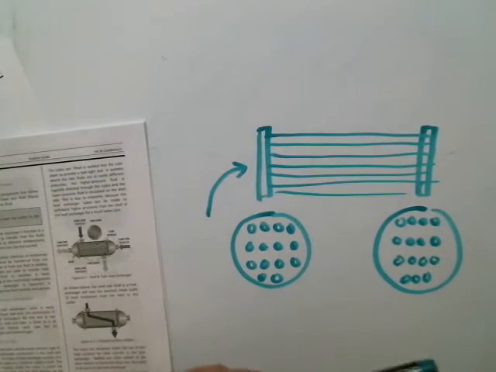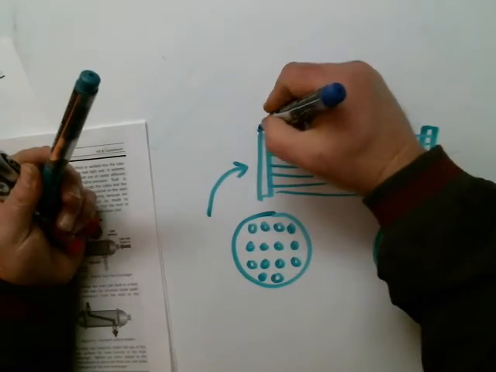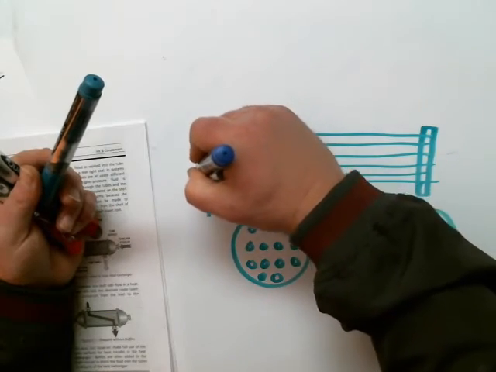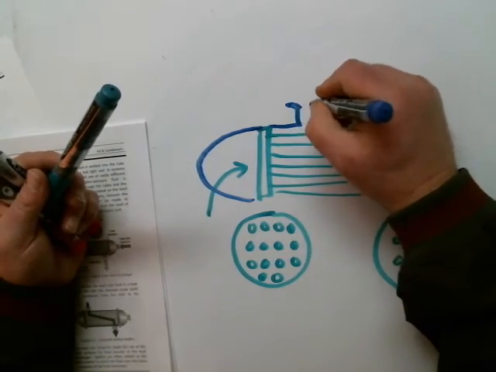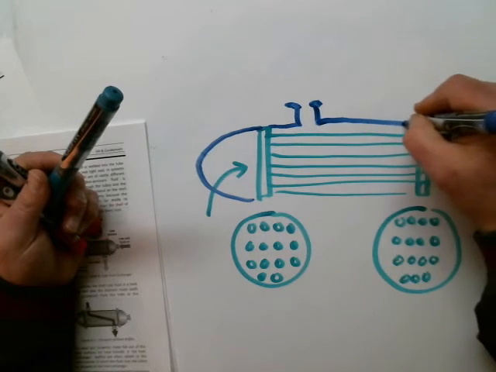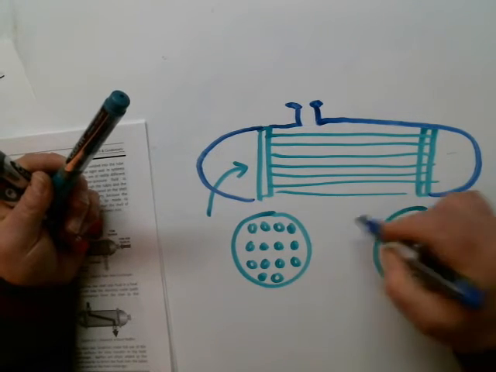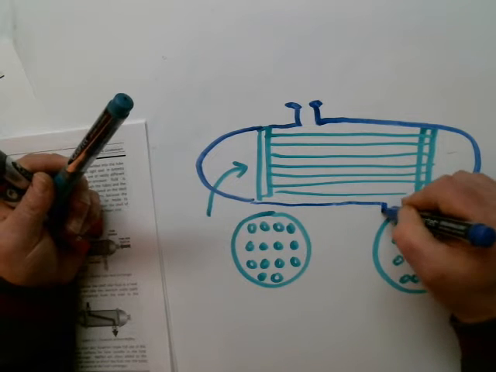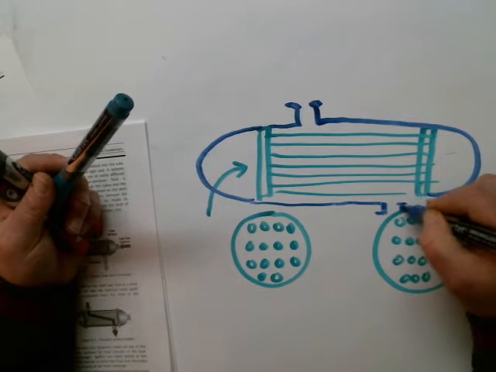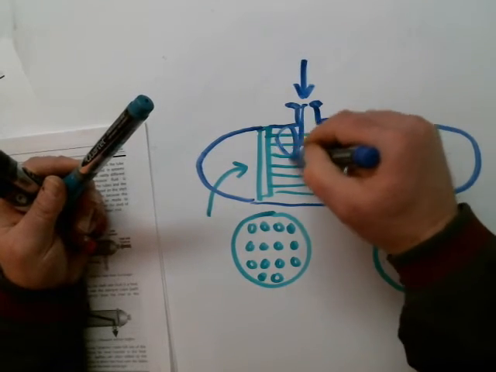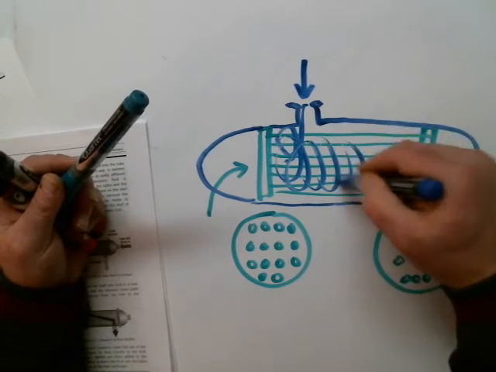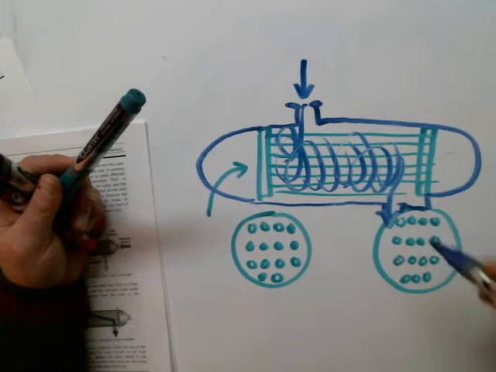Then on the other side of this, we would have the shell. And so fluid would come in here and hopefully would go on the other side of the tubes and mix around really well and then leave.